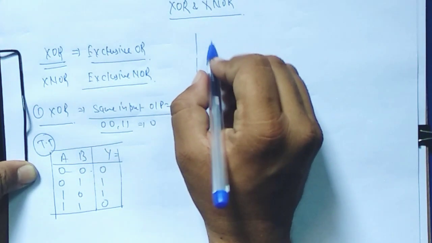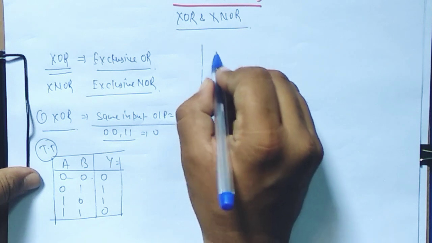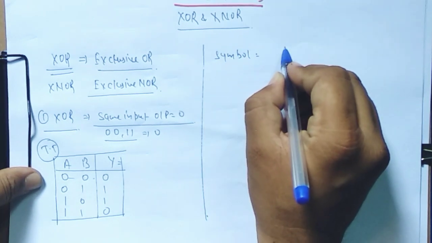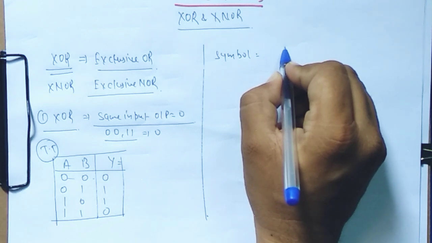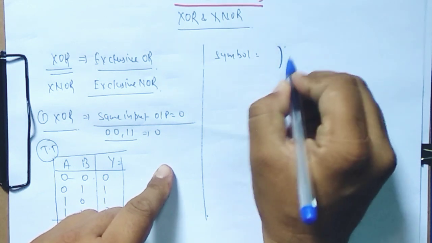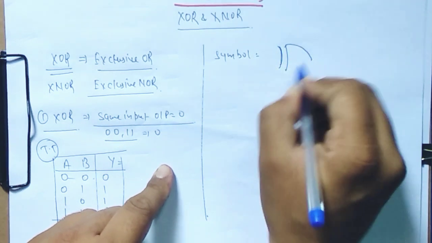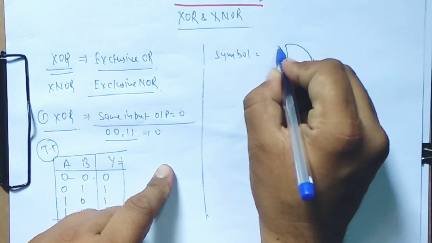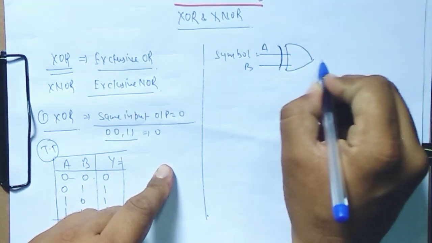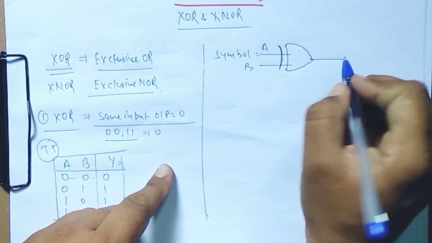Now what will be the symbol? Because it is XOR, it will be like an OR, and we will add one additional line here. Inputs A, B, and how will I write it?